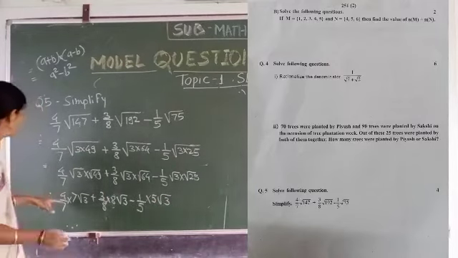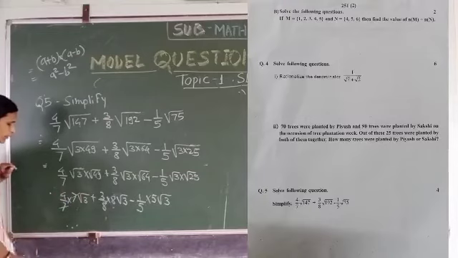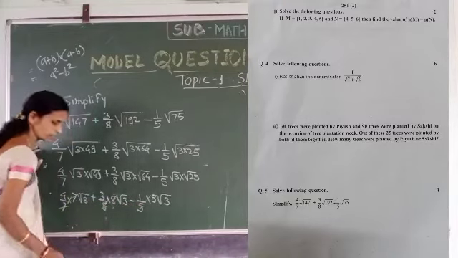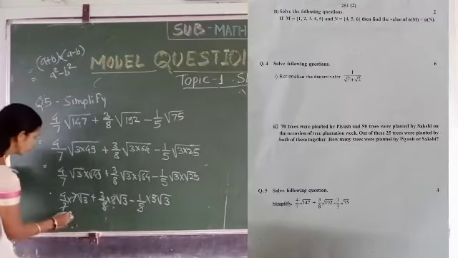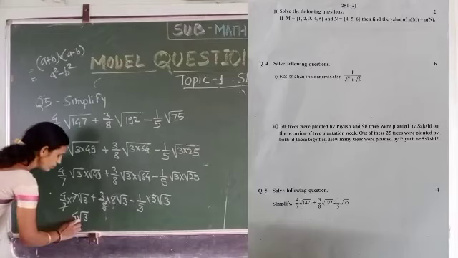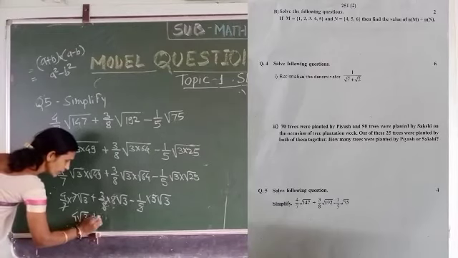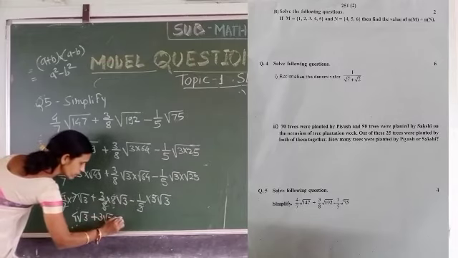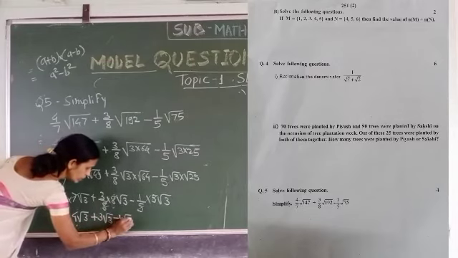Then 7 gets cancelled, 8 gets cancelled, 5 gets cancelled, and we get the simple expression 4 root 3 plus 3 root 3 minus 1 root 3.